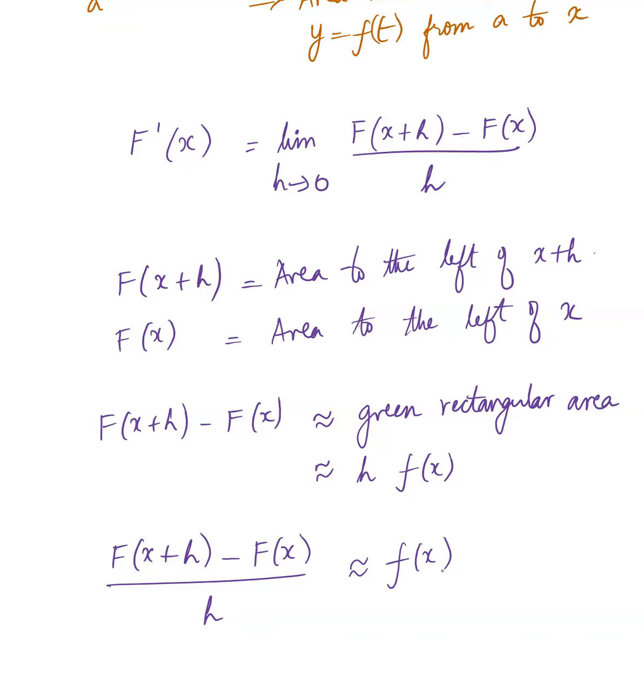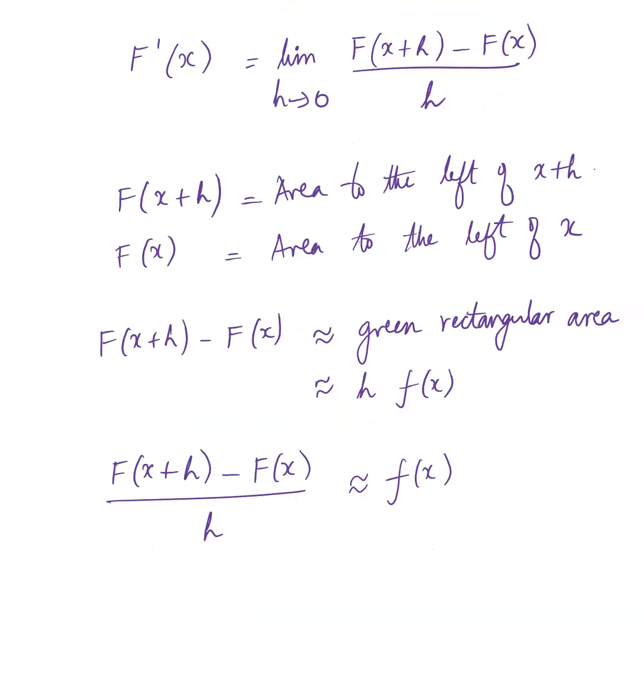And therefore, when we now apply the limit as h approaches 0. And here you don't have any h, right? So the limit does not have an effect on the right hand side.